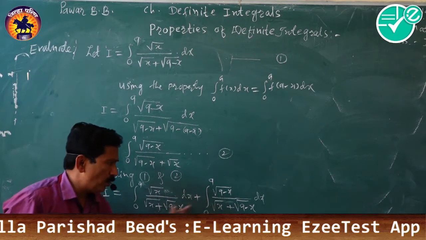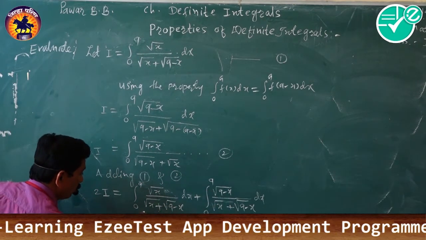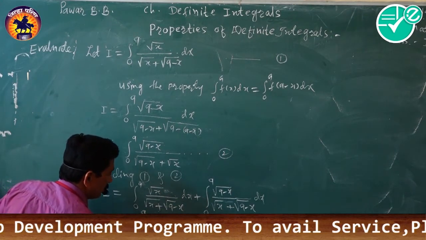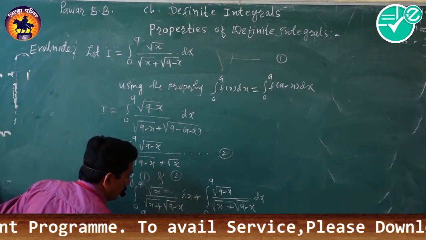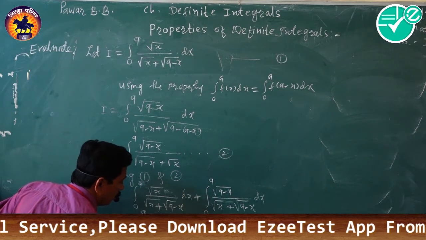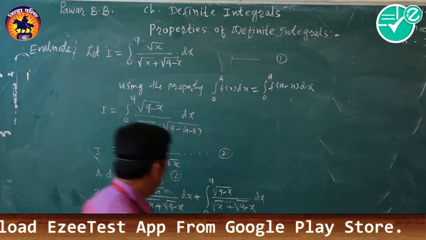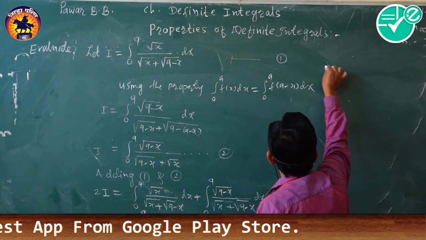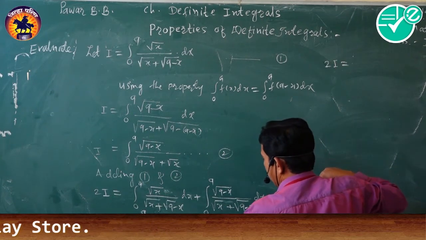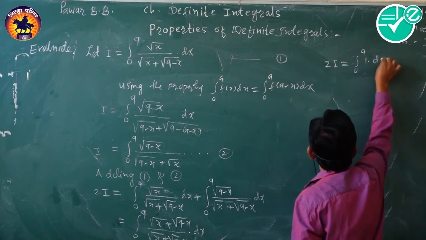Now the denominator of both the integrals is the same, therefore combining this, integration from 0 to 9, this is under root x plus under root 9 minus x divided by under root x plus under root 9 minus x into dx, and therefore 2I is equal to, this and this get cancelled, integration from 0 to 9 of 1 into dx.